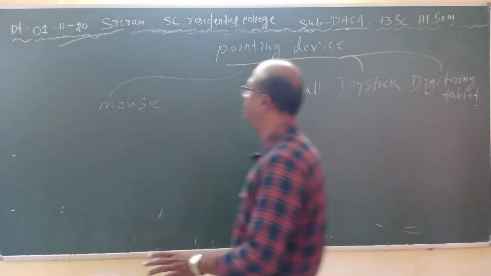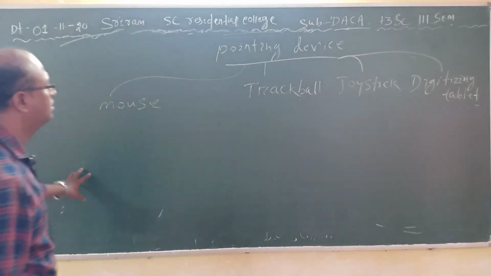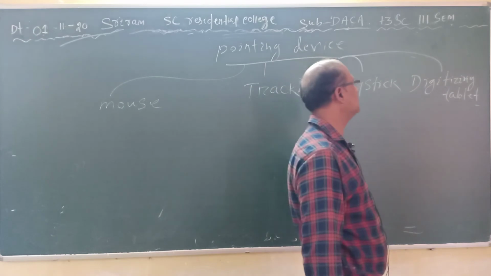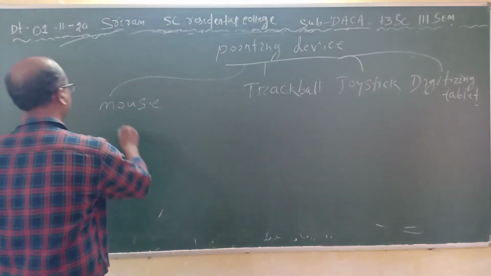There are four kinds of pointing devices available in a computer system: mouse, trackball, joystick, and digitizing tablet. We will discuss the mouse.